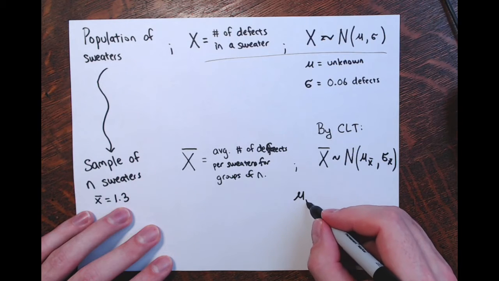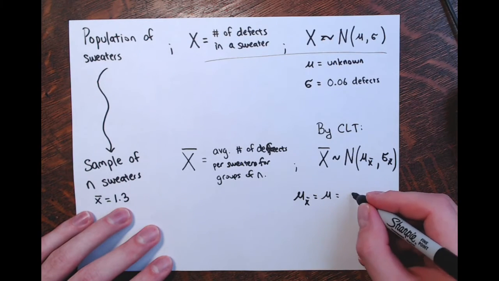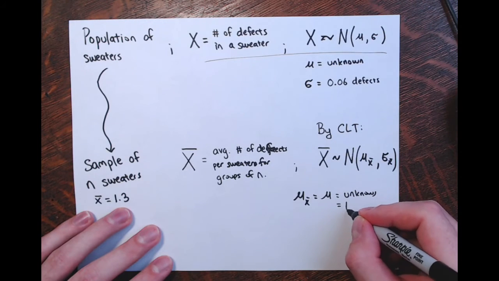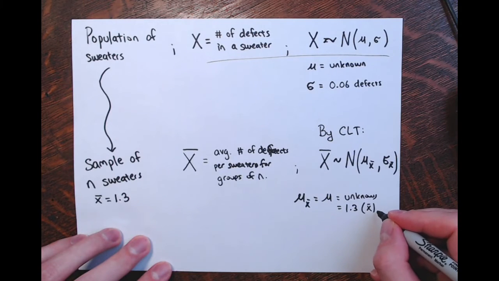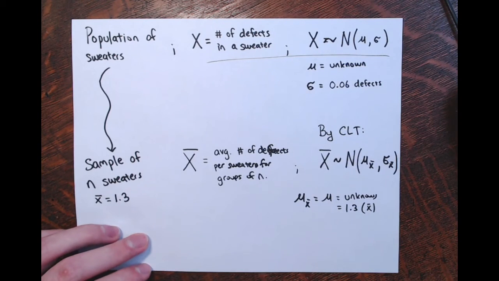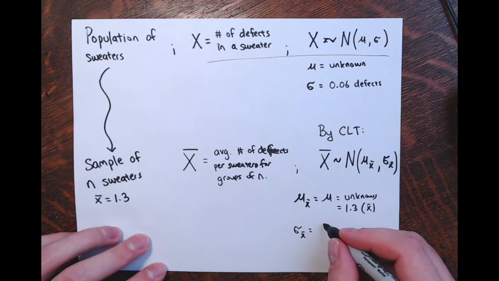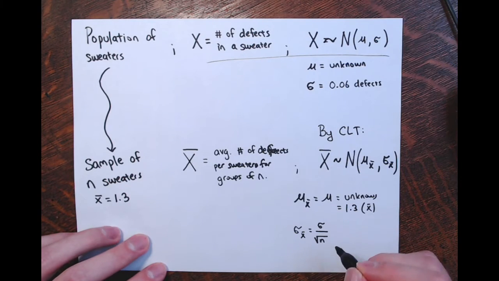And the mean of the means, the mean of these x bars, would be the mean of the population. But again, this is unknown. So instead we use 1.3. We're going to use our x bar as a point estimate. And the standard deviation of these x bars is the standard deviation of the population divided by the square root of the sample size.